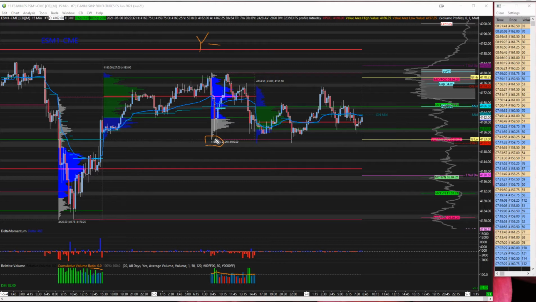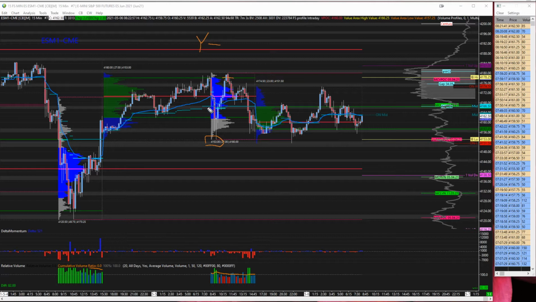Went a lot further down. Took the overnight low and reversed. Took out the IB high.